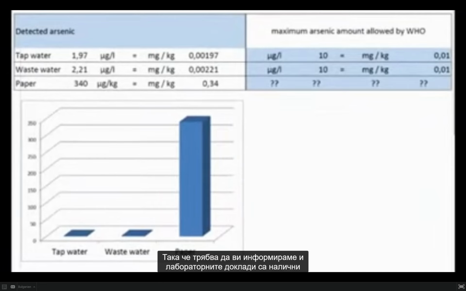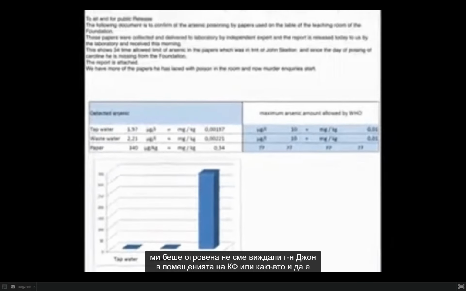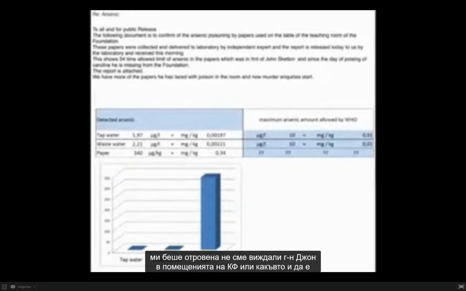So we have to inform you, and the laboratory reports are available, as we saw the poisoning before. We have to say, since the day when my wife was poisoned, we have not seen Mr. John Skelton on the premises of the Keshe Foundation or had any contact with the foundation.